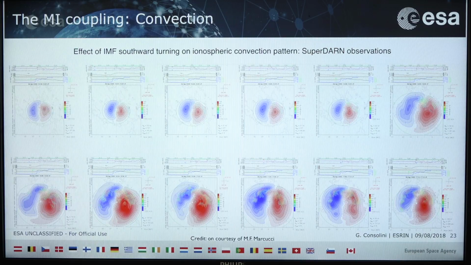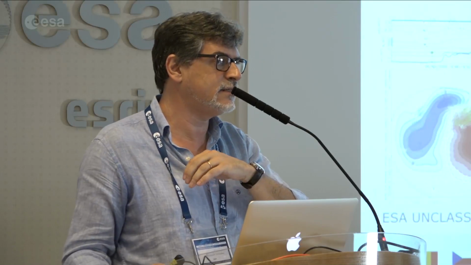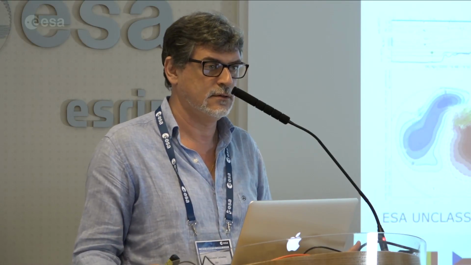And what happens to the cells in time when the magnetic field turns to southward. An important point that I would like to stress is that this image is one every 2 minutes, so the process is extremely fast. You can see how the convection cells change, so everything is extremely fast and dynamic.